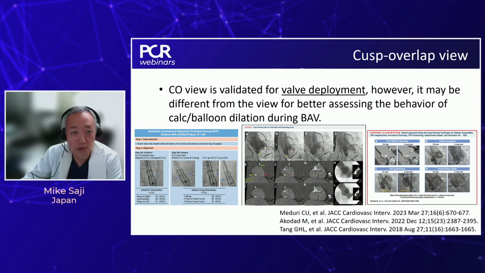The cusp overlap view is a pretty famous view, and it is validated for valve deployment. However, it may be different from the view for better assessing the behavior of the calcification or balloon dilation during the BAV.